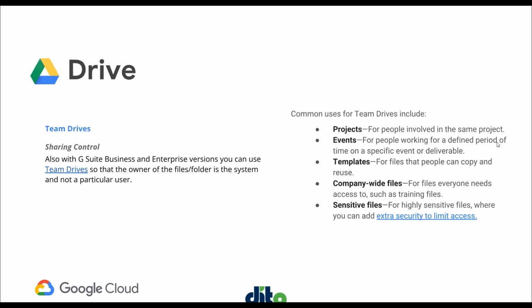As people come and go, you don't need to go back through all your team drives and reshare everything out and manually and super granularly manage your permissions, because the team drive continues to exist in absence of the end user. So as people come and go, all of the data that they have in the team drive stays static.